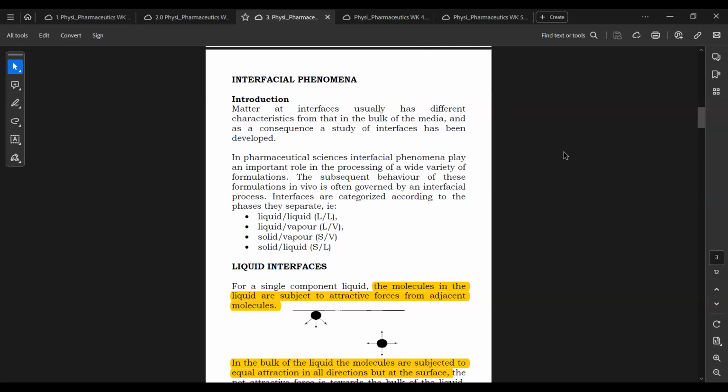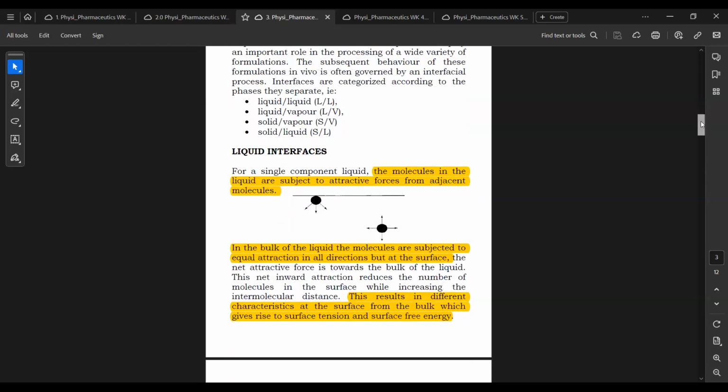So, yesterday we did surface and interfacial phenomena. From what is said here, molecules in the bulk of a liquid experience interaction from all sides, but those at the surface experience attraction mostly sideways and into the bulk of the liquid.